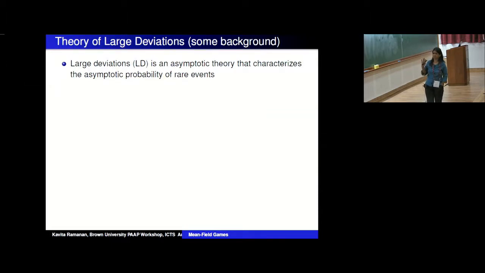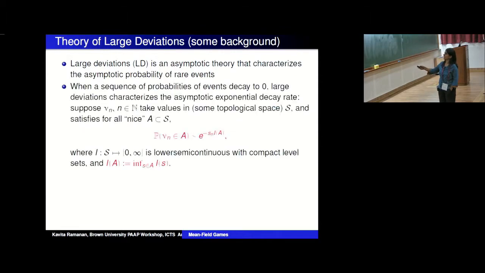So large deviations is an asymptotic theory. For most of you, it's not needed, but it characterizes the asymptotic probability of rare events. This is when you have a sequence of, say, random variables nu n taking values in some space S, and the probability that it lies in A is decaying exponentially fast, of the form e to the minus s n times I of A, where I is some function that goes from the space to 0 to infinity, and it has some nice regularity properties, such as lower semi-continuity and compact level sets, so that these conditions just ensure that this thing is attained.